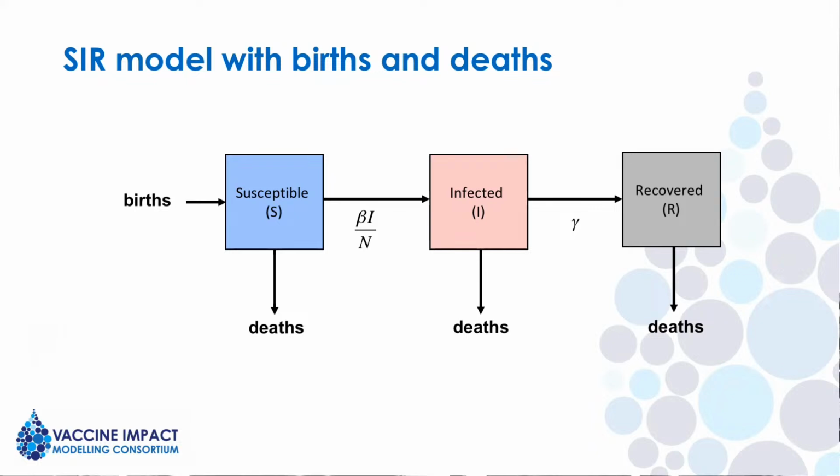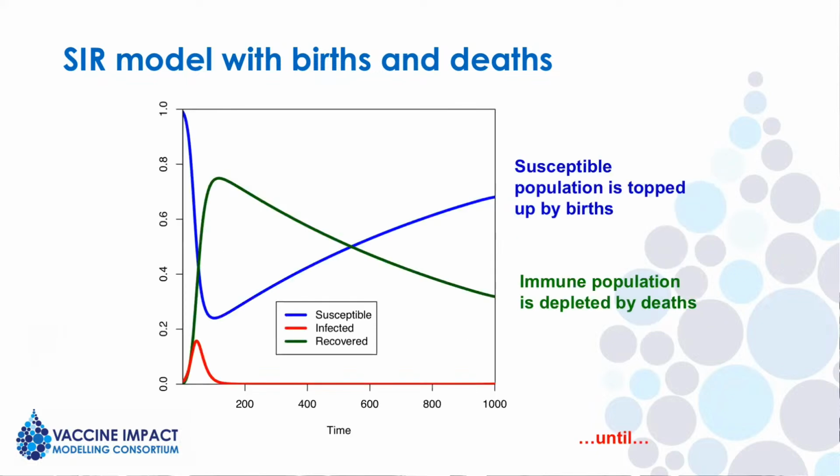Okay, so we've got our SIR model and we're adding births and deaths. What happens then? So we've simulated our initial epidemic here. Our susceptible population has declined, but now we've got births to replenish that susceptible population. And we're assuming that people, when they're born, go into that susceptible class. So that proportion of susceptible people starts growing. Also, people can die.